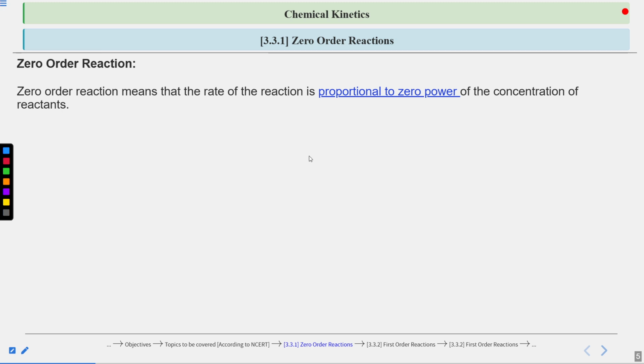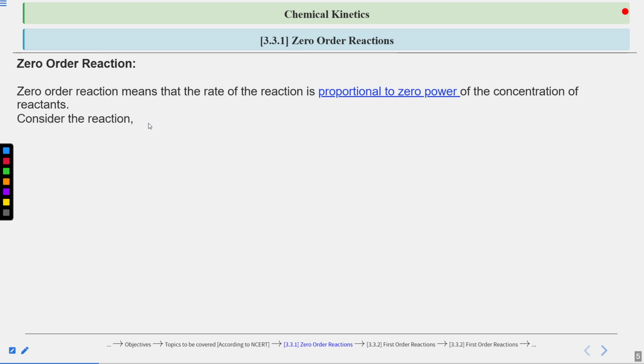So zero order reaction means that the rate of reaction is proportional to the zero power of the concentration of reactant. Whatever goes in the power of the concentration of reactant determines the order. So if you put the power to be zero, then the rate of the reaction is proportional to the zero power of the concentration of reactants.